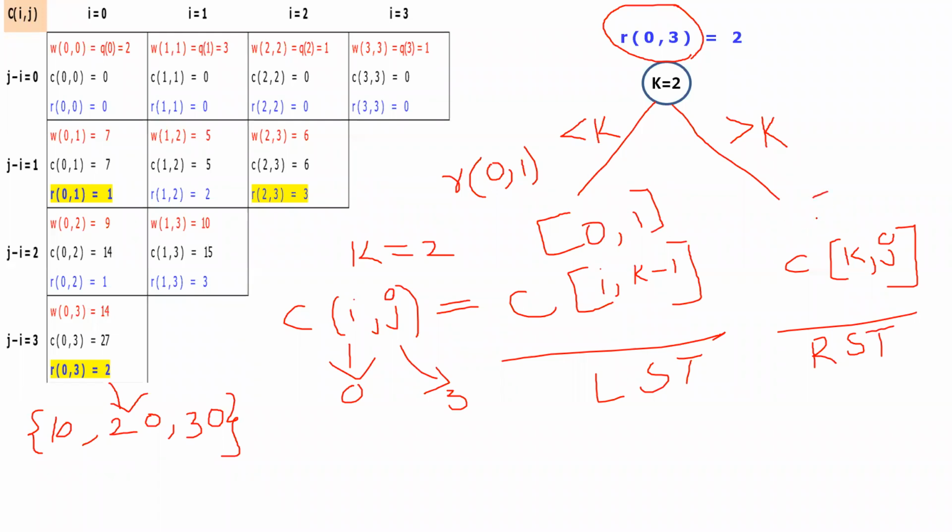The right subtree will contain k, j. j is 3. So R of 2, 3 will be on the right side. So using the formula i, k minus 1 and k, j, I have split the remaining keys into two parts, left subtree and right subtree.